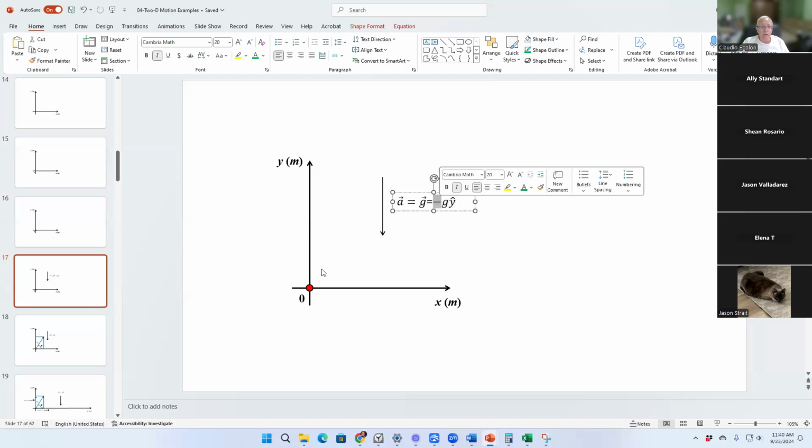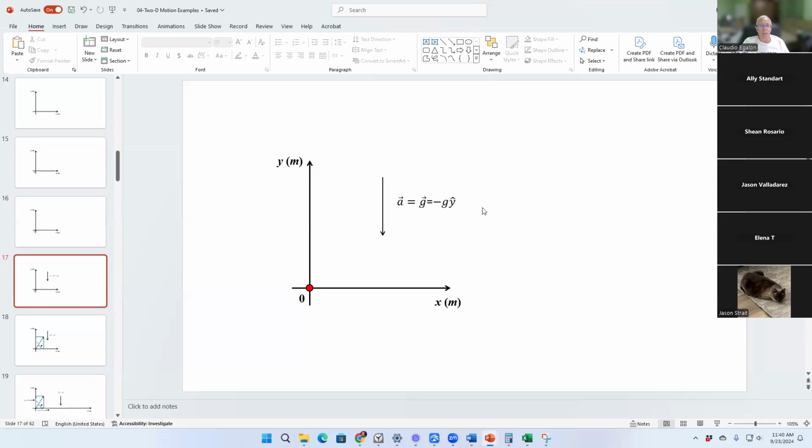I know it's minus because the y-axis is upwards. And this g here stands for 9.8 meters per second squared.